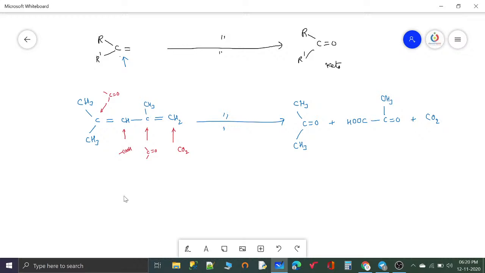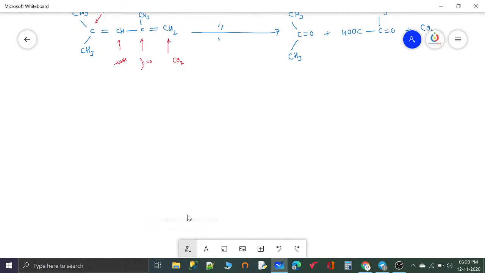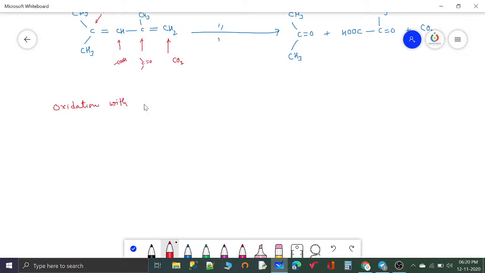So now let's see the oxidation with palladium chloride. Here palladium chloride oxidizes the alkenes to carbonyl compounds.